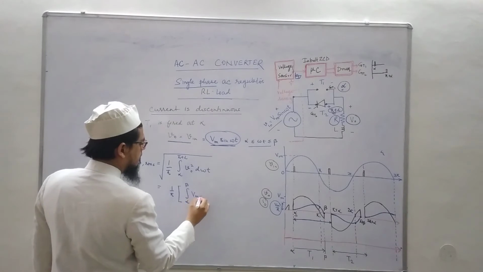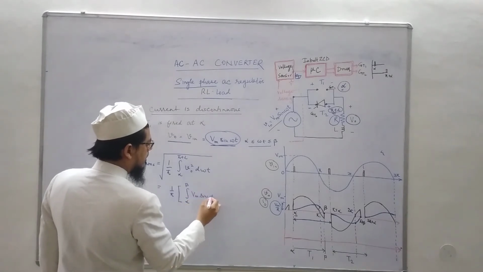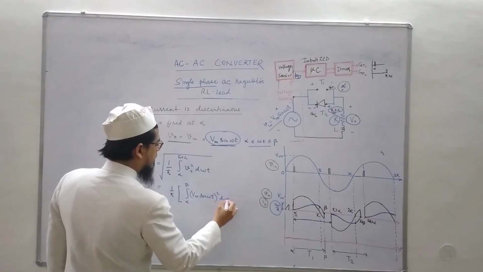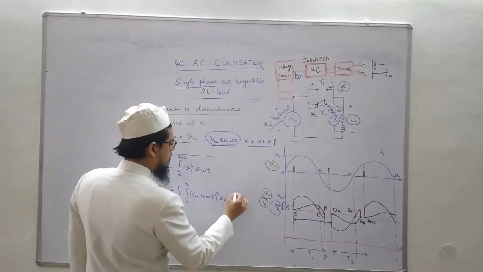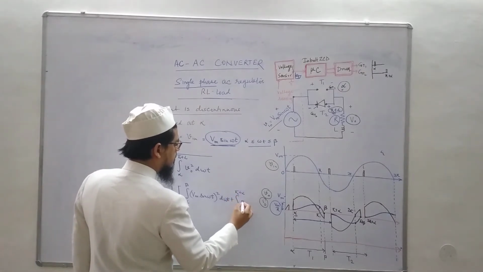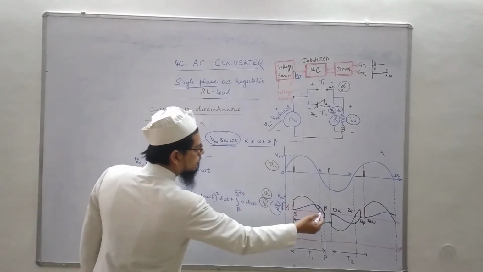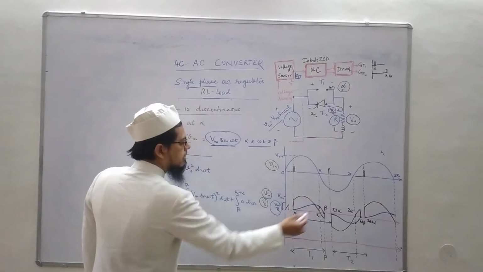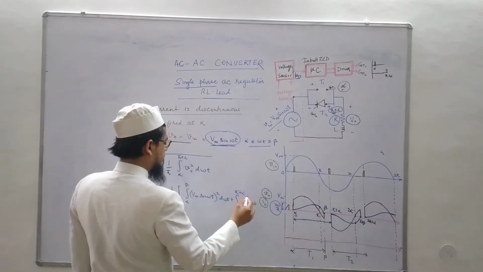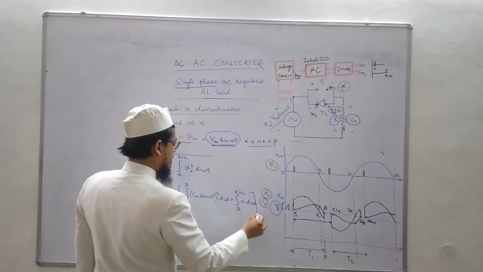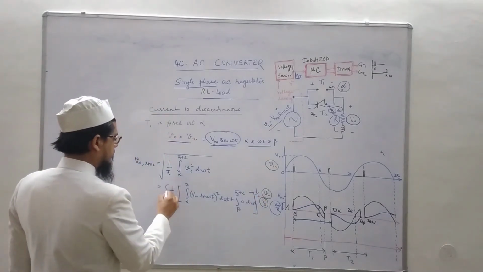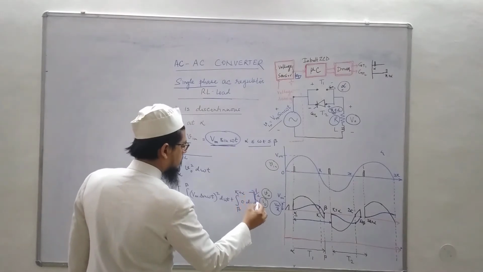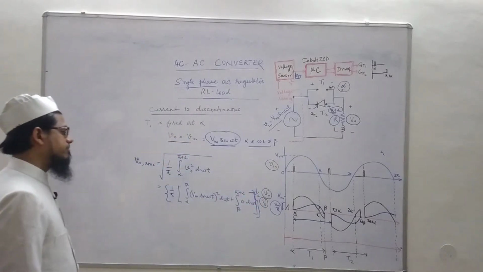So I am writing Vm sin omega t whole square d omega t, plus, from beta to pi plus alpha the output voltage is 0, whole to the power half.